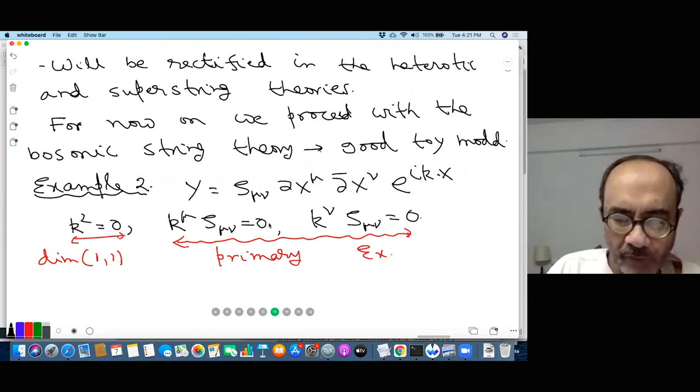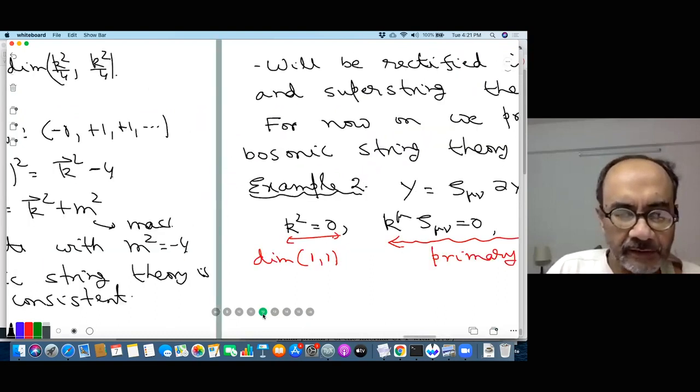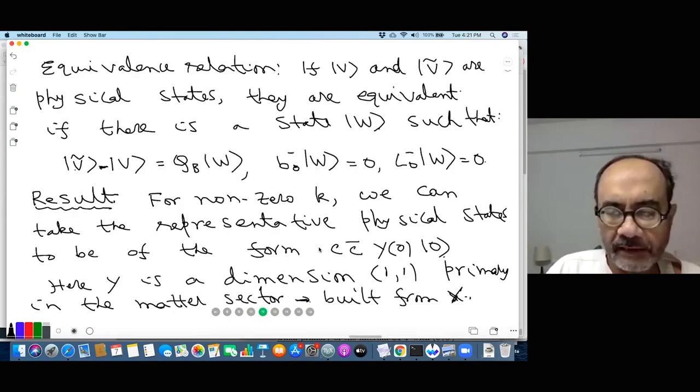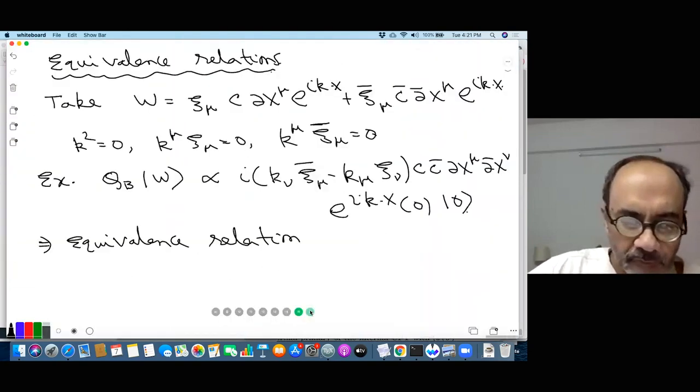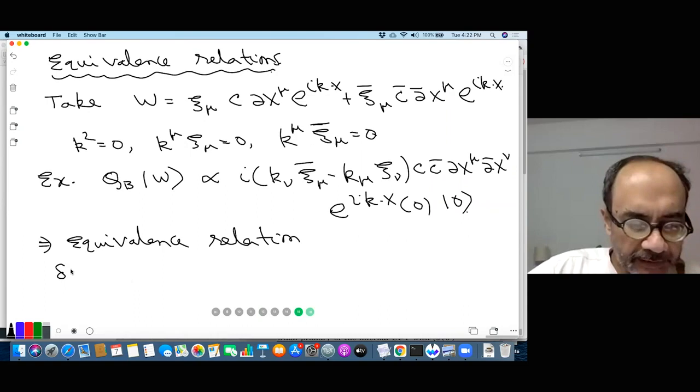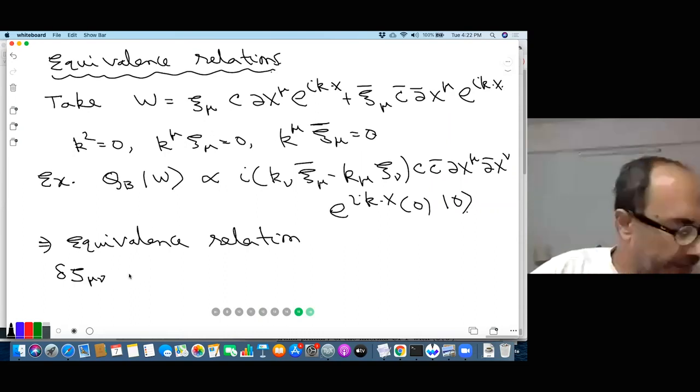And C bar of course is there because that's part of V. V already has a C bar. That's the full operator. So the equivalence relation in this case takes the form of delta zeta mu nu. That means under this kind of change of zeta, the physical state doesn't change.